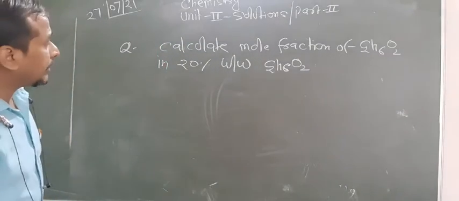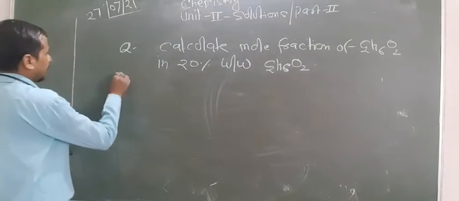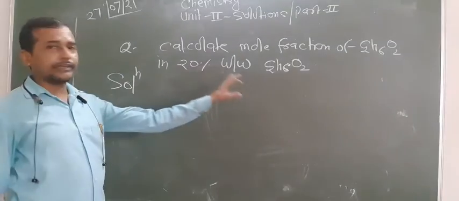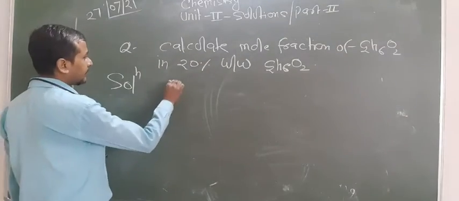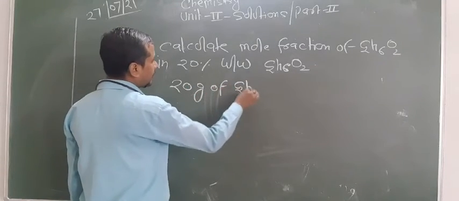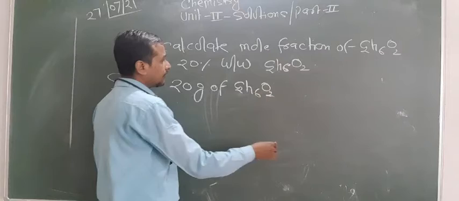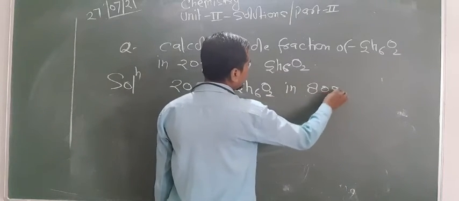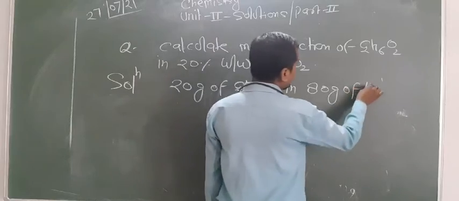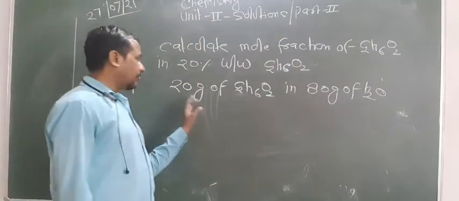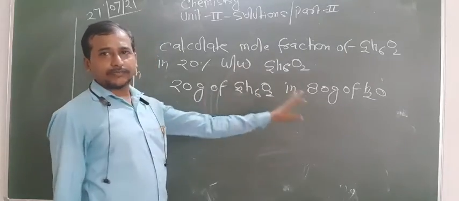What is the meaning of 20% weight by weight? It means 20 gram of ethylene glycol is dissolved in 80 gram of water. By this way we find the weight of glycol and weight of water.